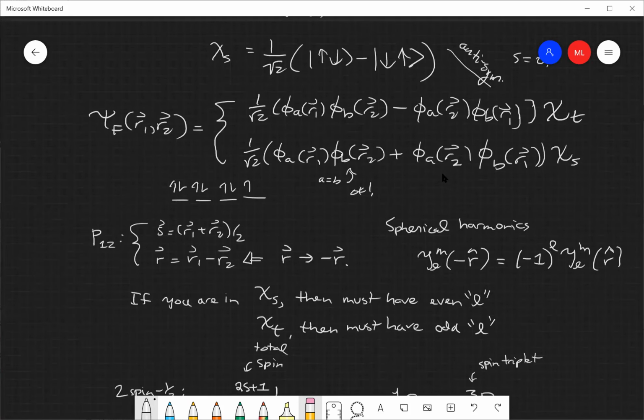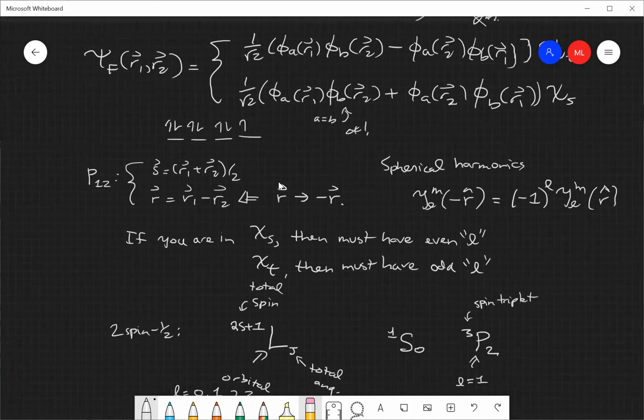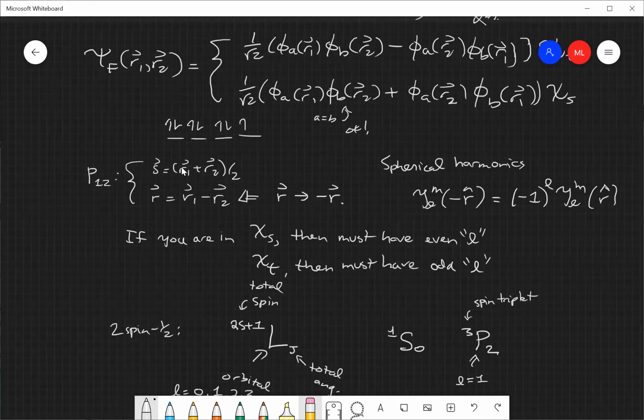Again, the point is that whether the spatial part is symmetric or anti-symmetric is, in 3D, entirely determined by the spherical harmonic expansion. If you move to these relative coordinates, the orientation of the relative vector pointing between the two identical particles is what picks up the minus sign under particle exchange.